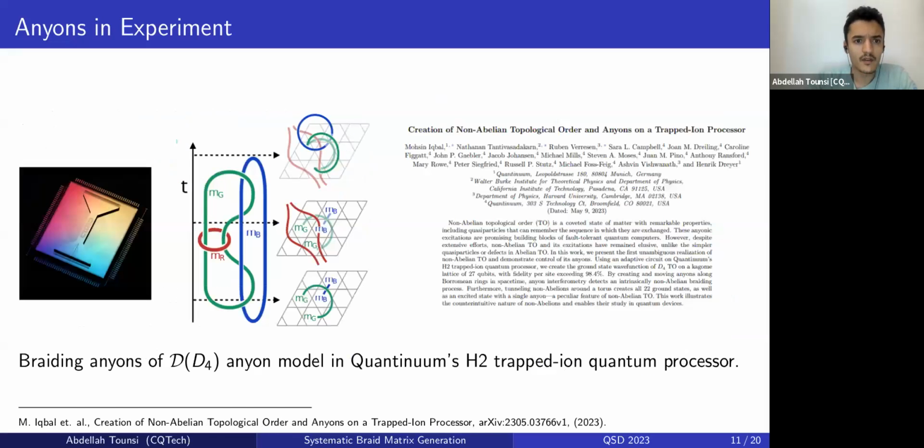Another experiment from Quantinuum, where we see here braid patterns of another anyon model, the quantum double D4, and this is implemented in their latest H2 ion quantum computer.